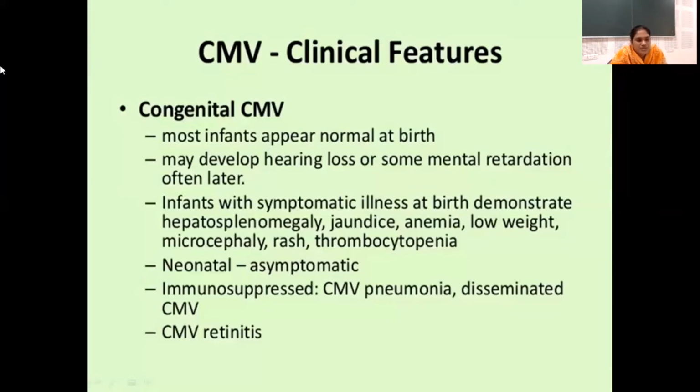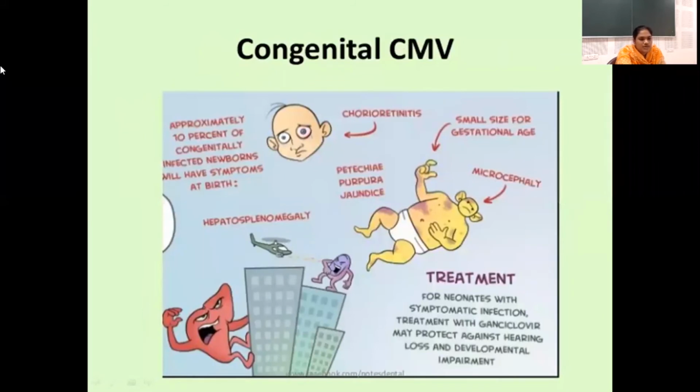Infants with symptomatic illness at birth demonstrate hepatosplenomegaly, jaundice, anemia, low birth weight, microcephaly, rash and thrombocytopenia. Usually approximately 10% of the congenitally infected will have symptoms at the time of birth like hepatomegaly, petechiae, jaundice, chorioretinitis, microcephaly.